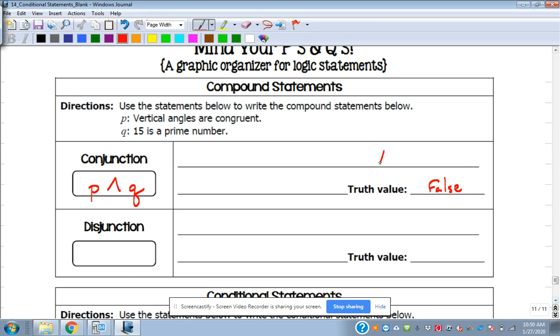Or. Okay, so these are ands. This is or. So P or Q, what's the notation? Yeah, the V, the upside down little housetop thing. It's true. Why? Because one of them is true. All it takes is one for the or problems to be true.